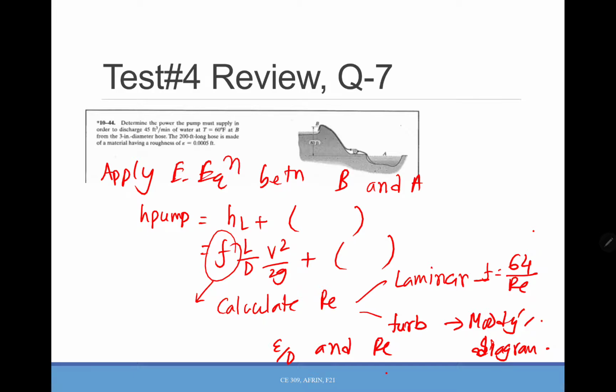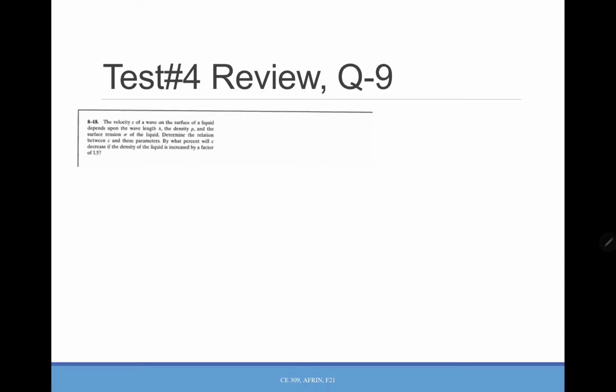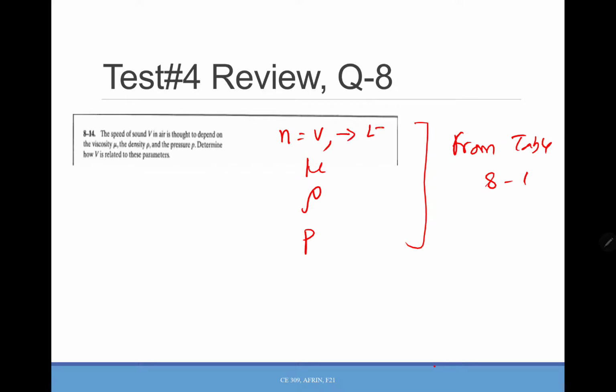Okay, and for questions number 8 and 9, as I said, these are for dimensional analysis, and for n you will just write down all the parameters given here. So for the first one: V, viscosity, density, and pressure, and from table 8.1 you can get the dimensions in terms of M, L, T. For density it will be M L^-3.